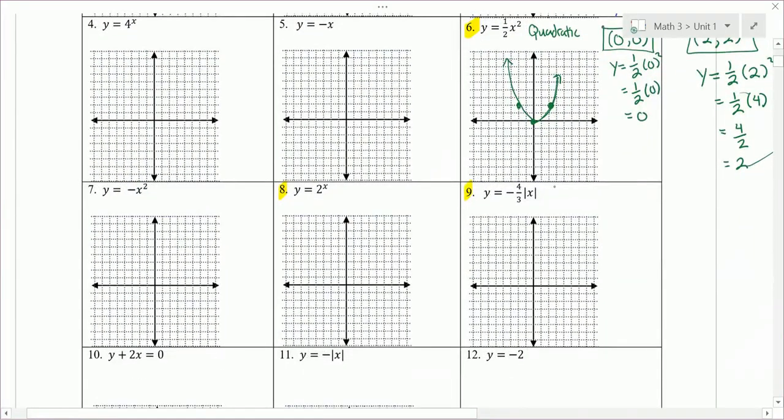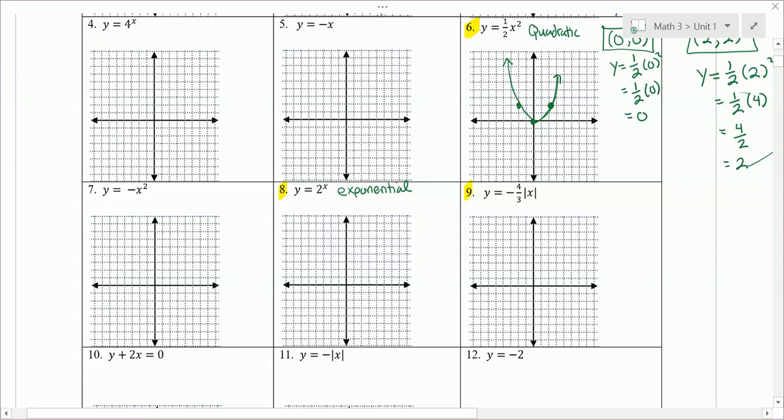Number 8, notice the variable is in the superscript. We call that an exponent. So this is an exponential function. Now, the parent graph of the exponential function does not go through the point 0, 0.